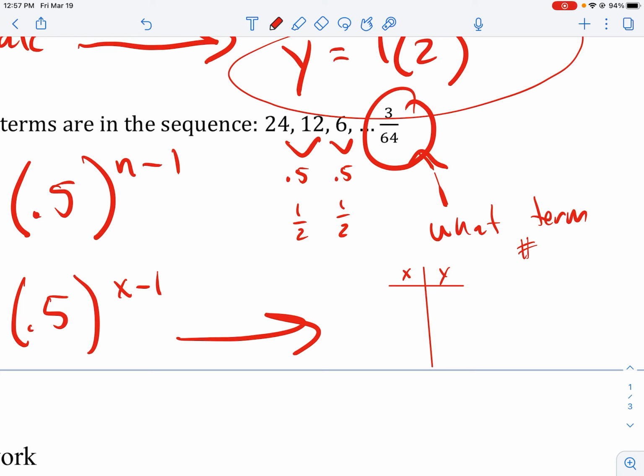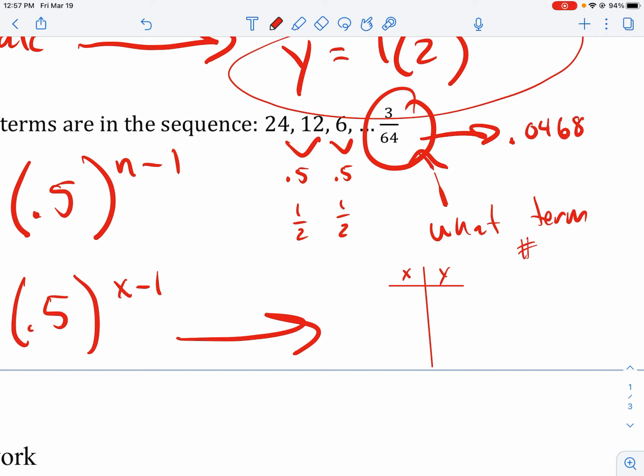Okay, and then we scroll down and we're looking for 3 over 64. Now, 3 over 64 is the number, if you were to divide that out, it would be about 0.0468.